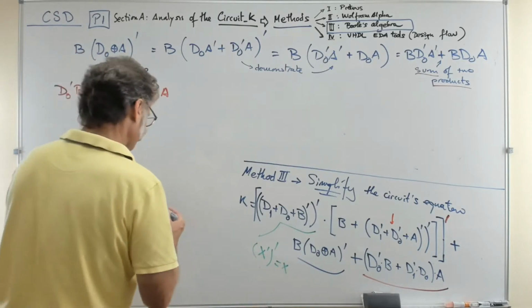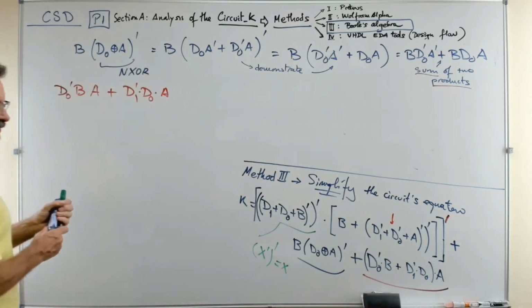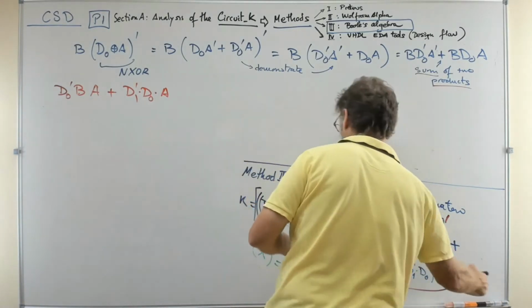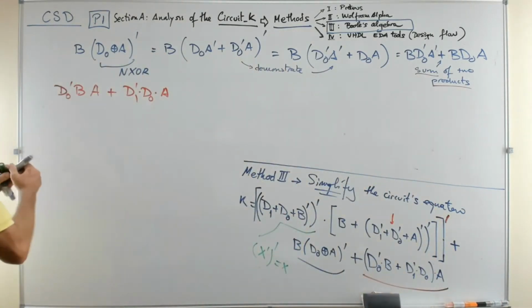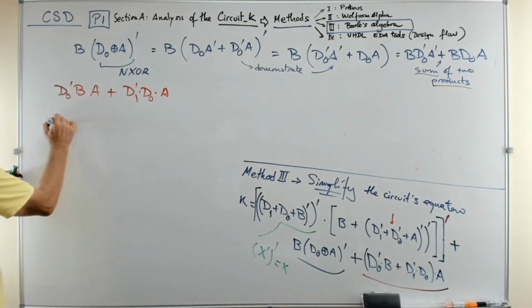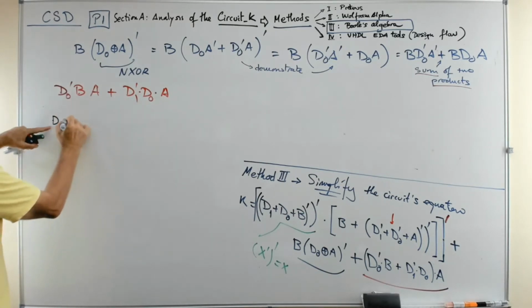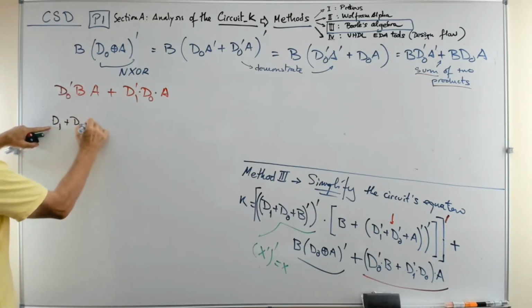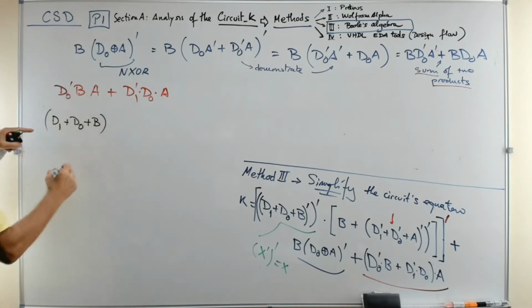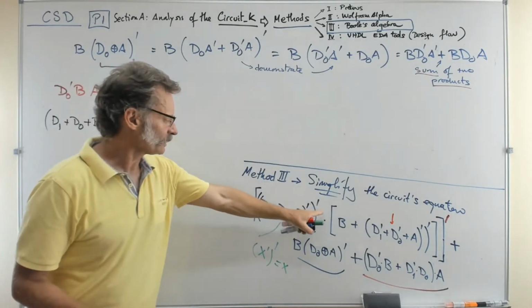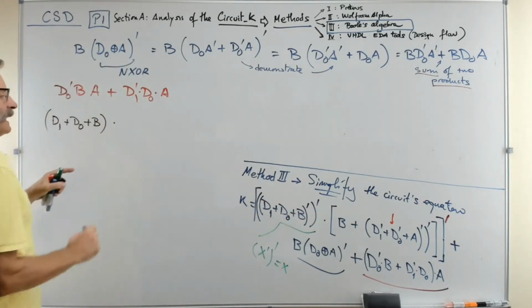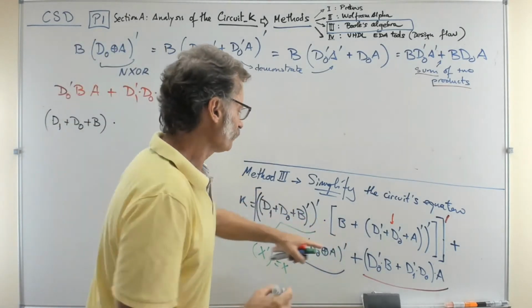So in the end this term is a lot simpler, and it is looking like it is just d1 or d0 or b, that's it, without the not, and here you have the same stuff.